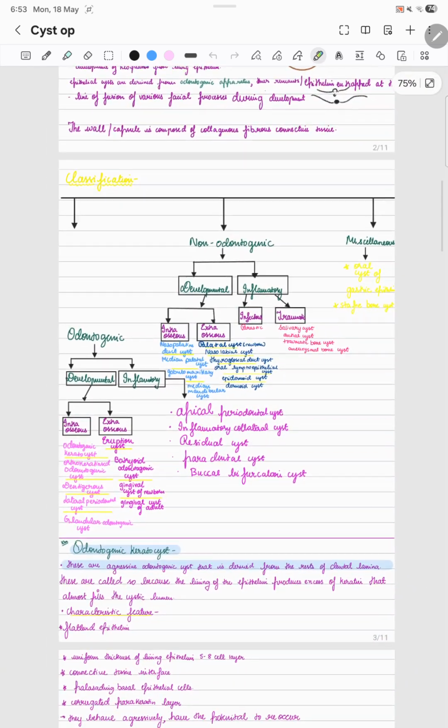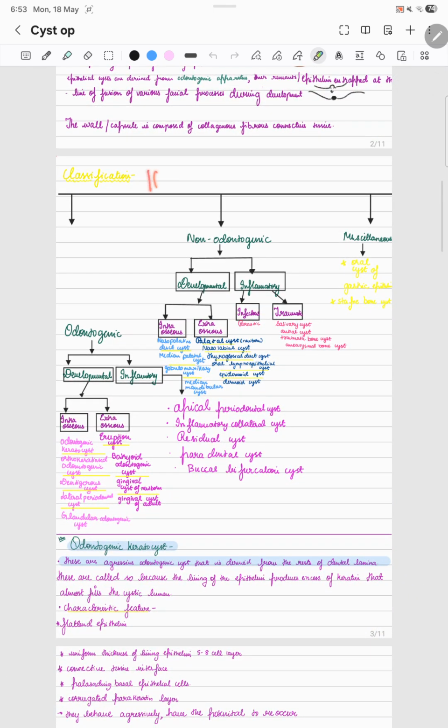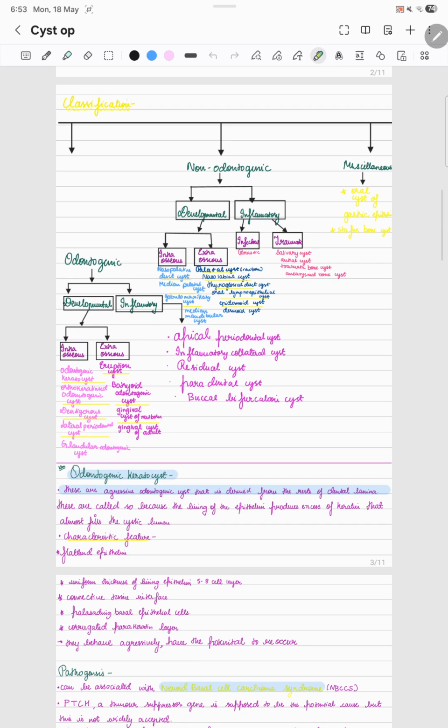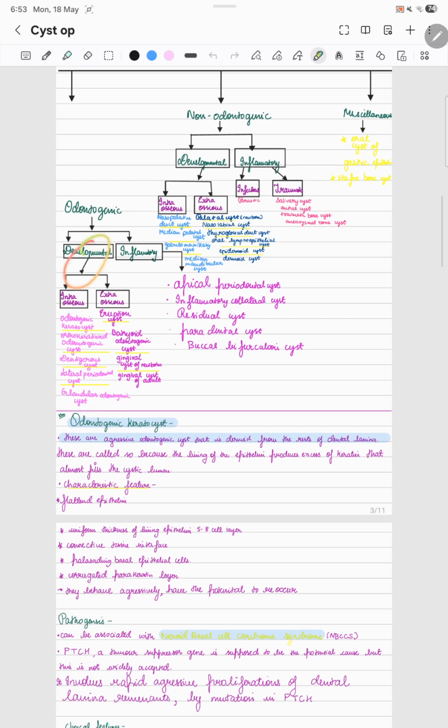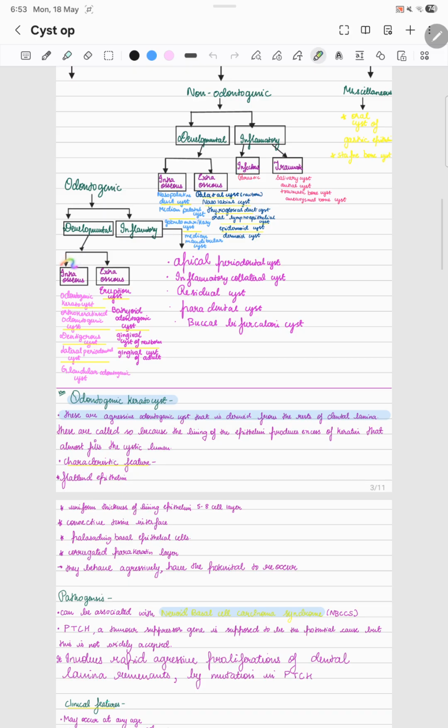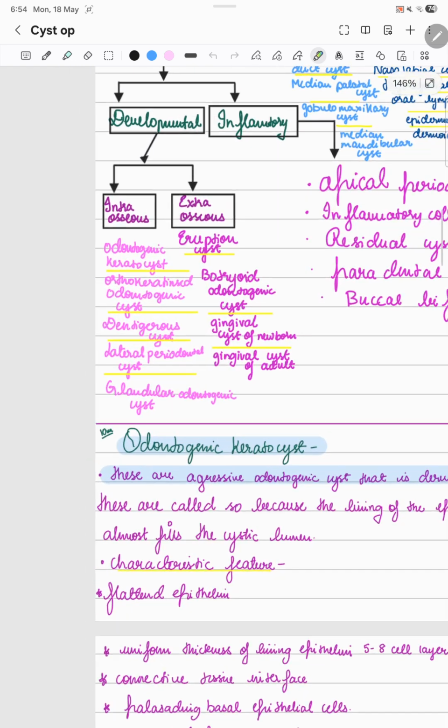Okay, now we mainly read about the classification, which is also included in the 10 marker. So what is the classification of cyst? Odontogenic cyst is further classified into developmental and inflammatory cyst. So developmental cyst is further subdivided into intraosseous, that is inside the bone, and extraosseous, which is outside the bone.